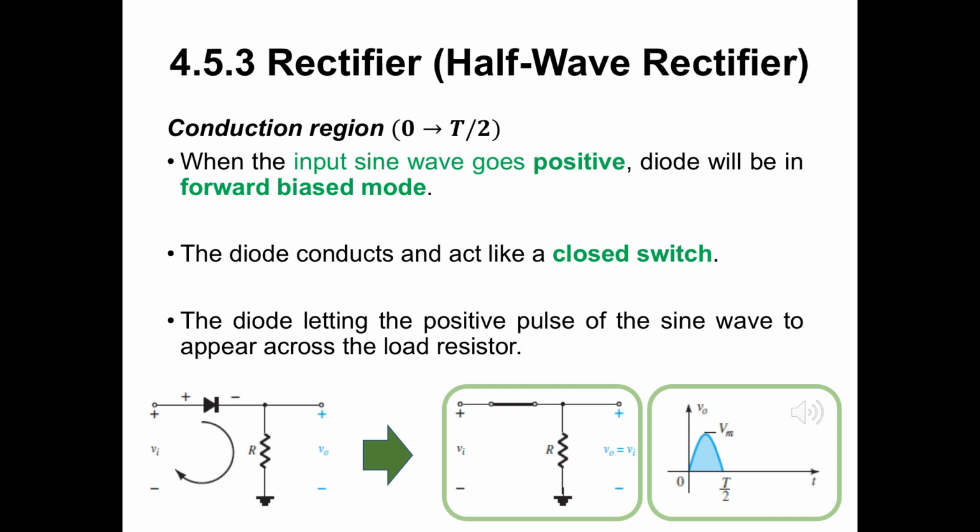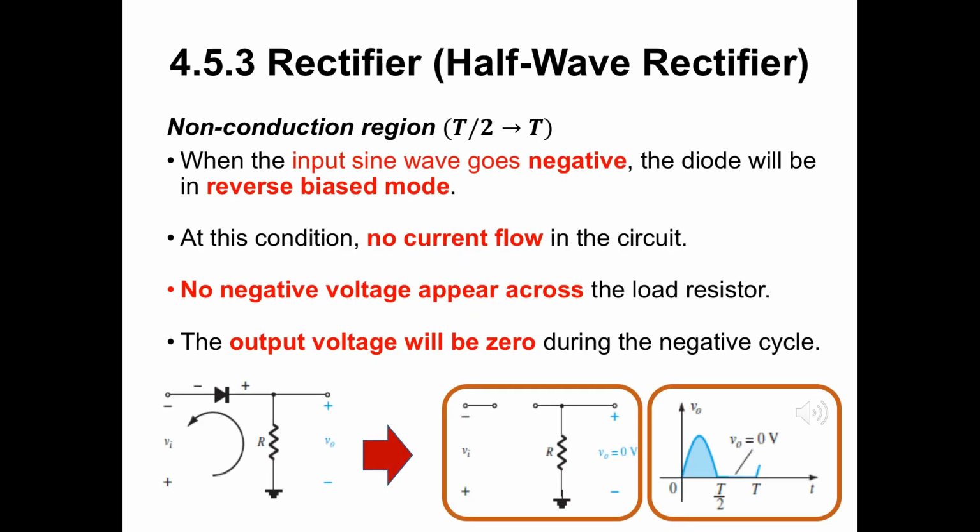The alternating current when t is from T by 2 to T will be the non-conduction region. When the input sine wave goes negative, the diode will be in reverse biased mode. The polarity of the input Vi is as shown in the left-hand side figure, and the resulting polarity across the ideal diode produces an off state with an open circuit equivalent.